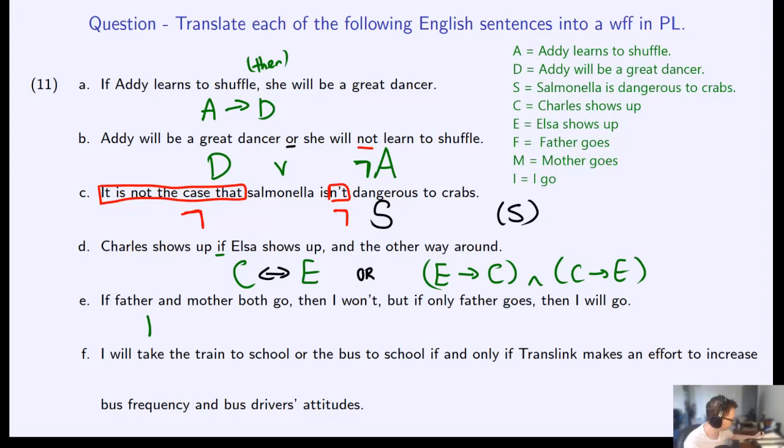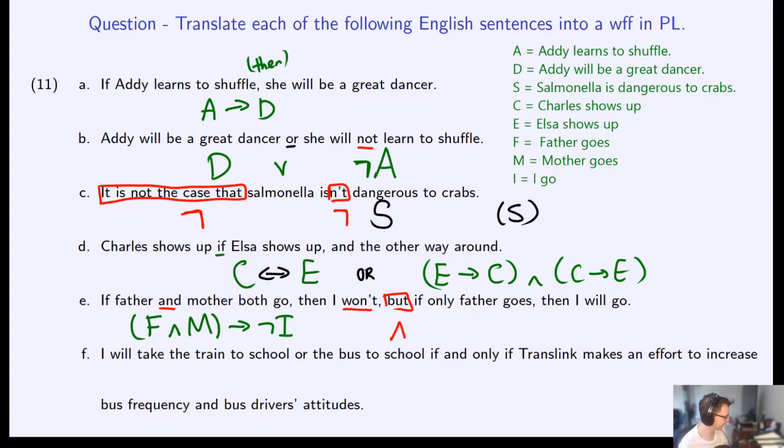So if father goes and mother goes. So if F and M, then I won't. So I go is I, so then I say I won't, so not I. So I won't, that's negation, and, okay. So F and M, then not I. But is the same thing as and.